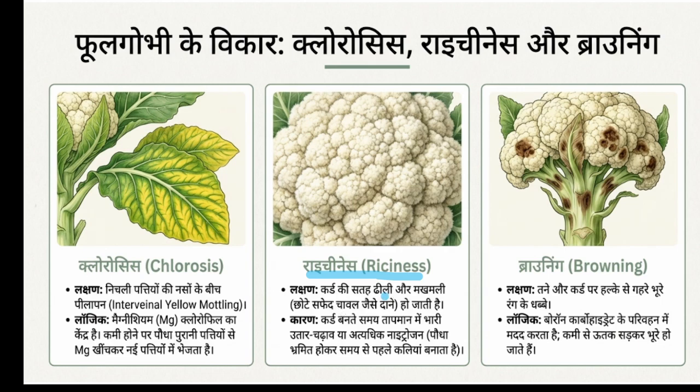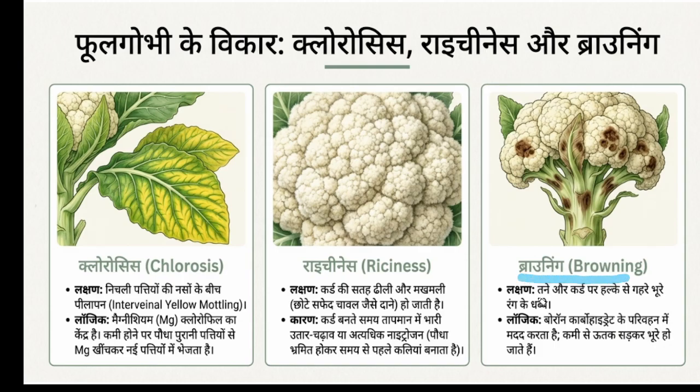Molybdenum is the only micronutrient whose availability decreases when soil pH is low, meaning when the soil is acidic. That is why this question is asked again and again in exams. This is absolutely golden information. The connection between acidic soil and molybdenum clarifies many things.